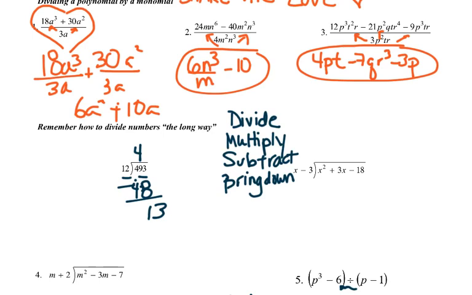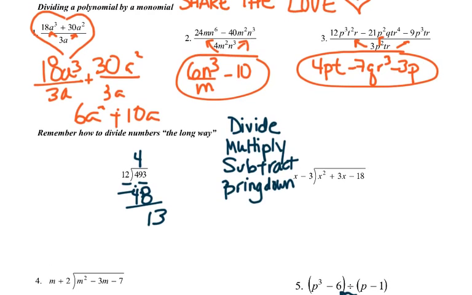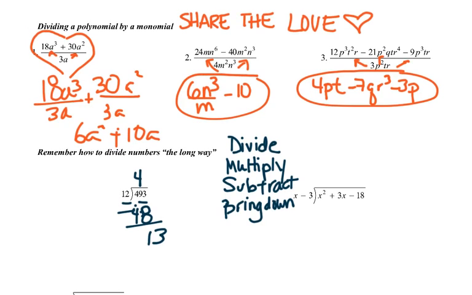And then we do it again, right? 12 goes into 13 one time. And then I would multiply 1 times 12 is 12, subtract, and then I get that remainder, but I usually would write my remainder over the divisor.